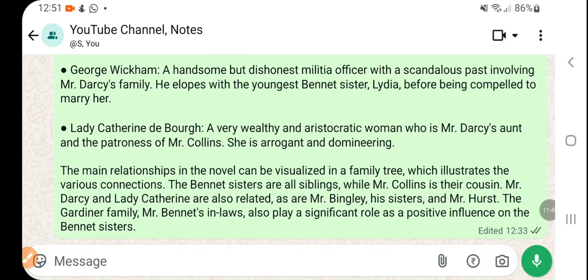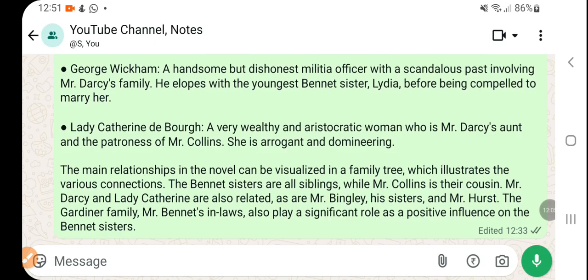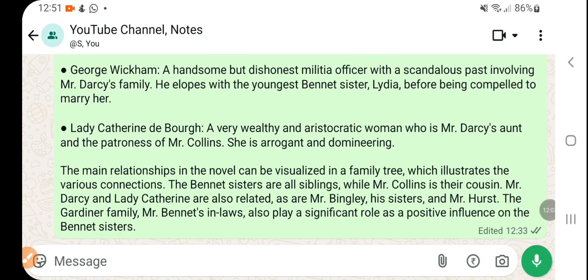The main relationships in the novel can be visualized in a family tree which illustrates various connections. The Bennet sisters are all siblings, while Mr. Collins is their cousin. Mr. Darcy and Lady Catherine are also related.